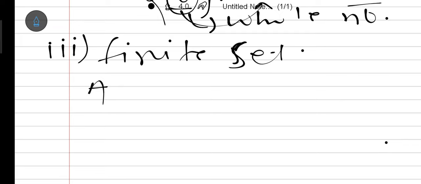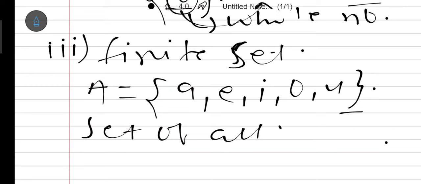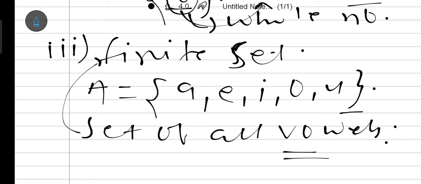There are only 5 vowels in the whole English alphabet. This is what a finite set means. So there will be A, E, I, O, U. These are the five vowels. If we say the set of all vowels, then this is a finite set, because the number of elements here is fixed, that is 5. So this is what a finite set means.